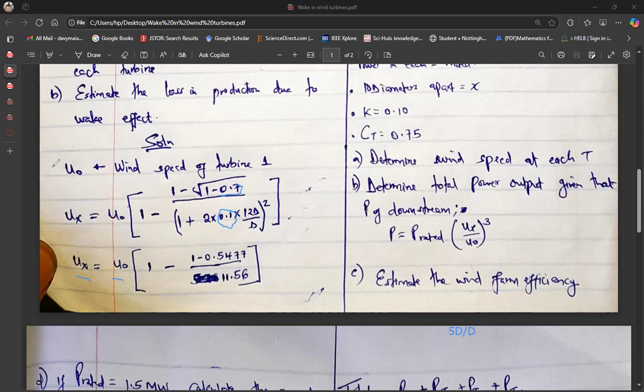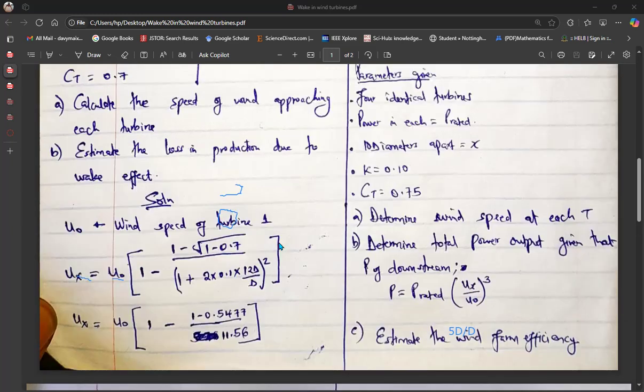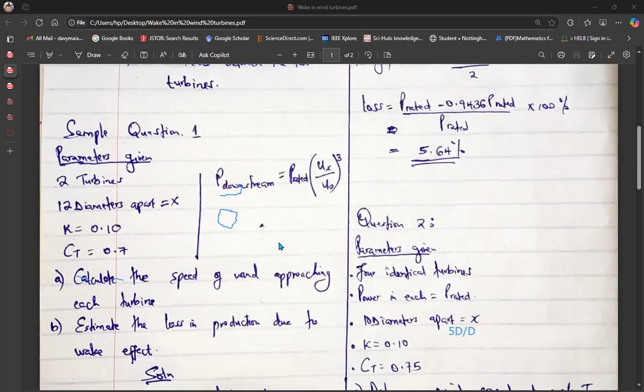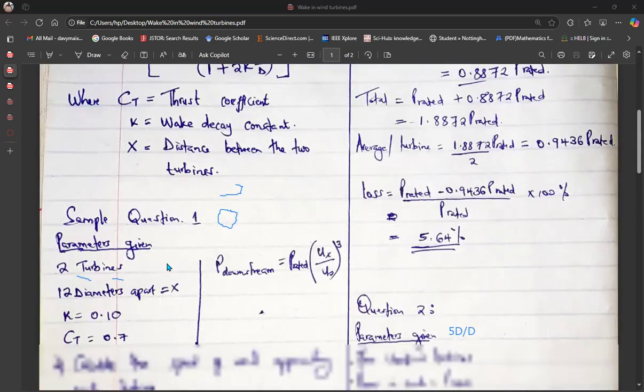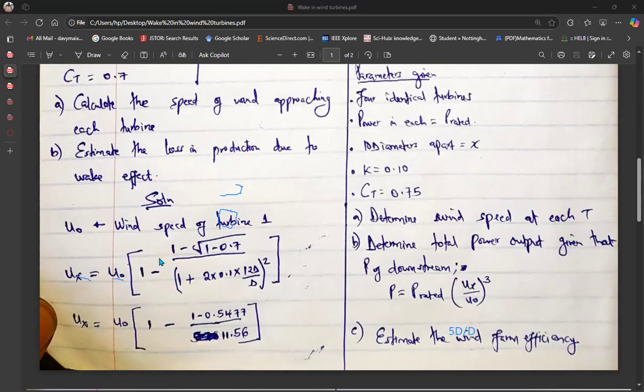Okay, so we can just go to the final calculation for that one. You can see that UX, if you calculate, you get 0.9609 of what is in the brackets here. All this will give you that value, and then we multiply by U0. So it's that simple using the equation.